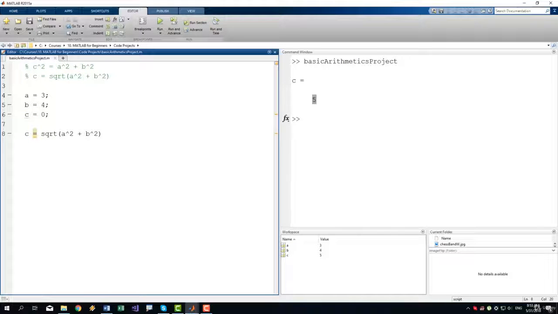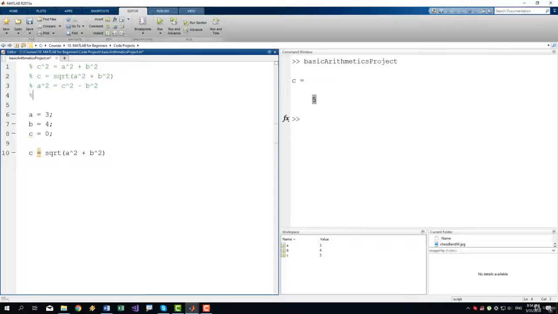We have to derive an equation for both of these as well. The equation is pretty much the same, and the only difference will be between the brackets of the sqrt function. So if we want to find a, that will be c squared minus b squared. This is a squared, and for the b squared, c squared minus a squared.